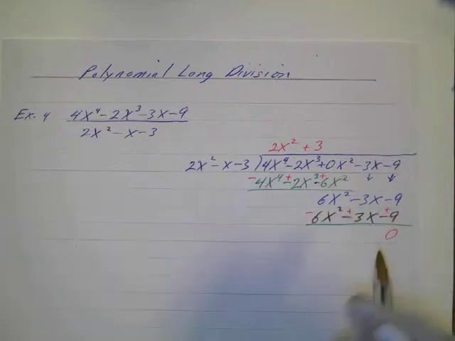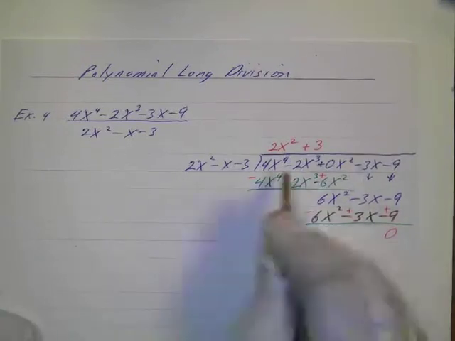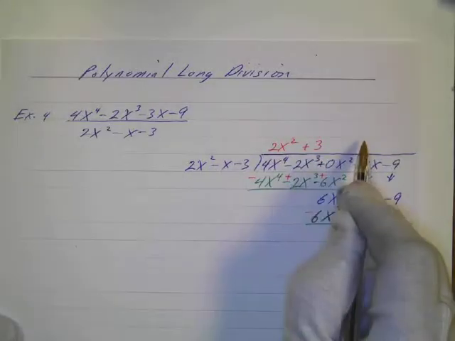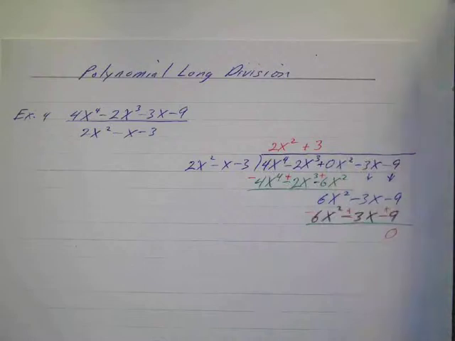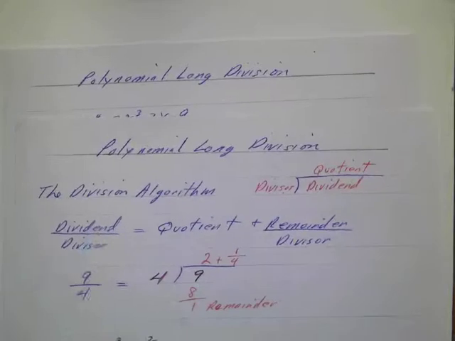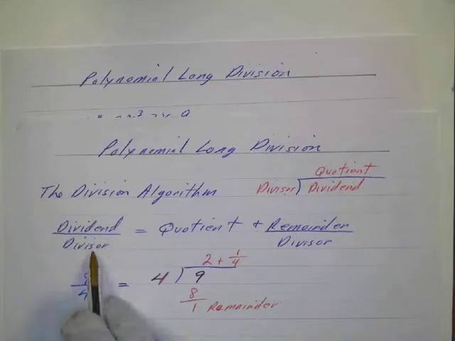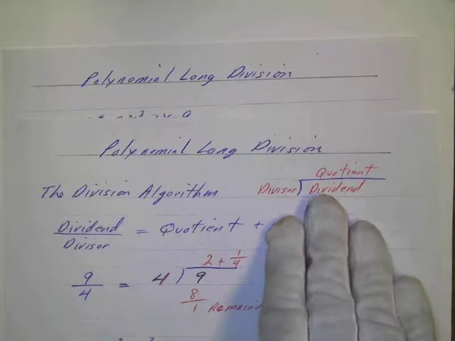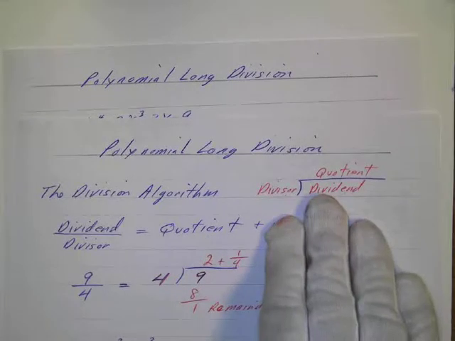Now remember, if we don't have any remainder, we know that these are factors of the polynomial because there's no remainder. Remember from our division algorithm, the dividend divided by the divisor is the quotient plus the remainder, but if there's no remainder, if I multiply both sides by the divisor, the dividend equals the quotient times the divisor.